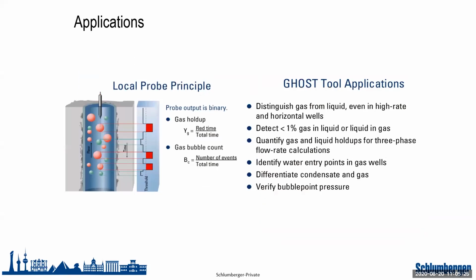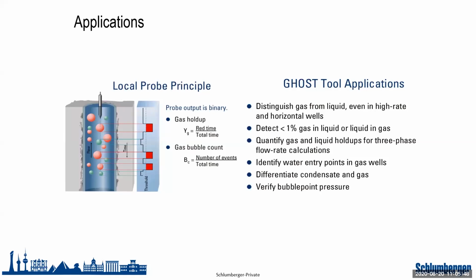So how am I going to determine the gas holdup? The time that I have 100% of light coming back to my photodiode, divided by the total time of my measurement, is what we call gas holdup. So now we have a measurement for water holdup and a measurement for gas holdup.